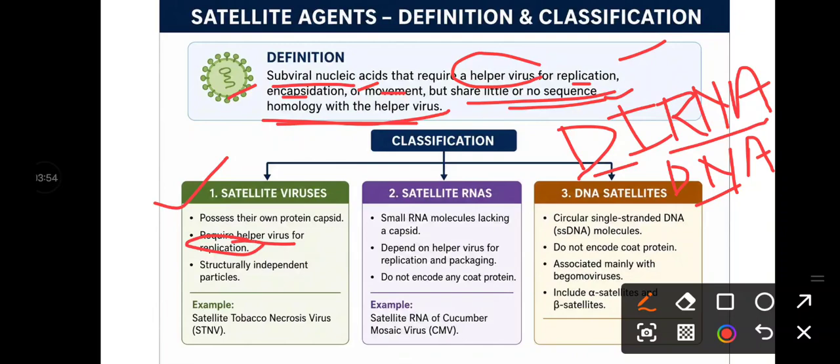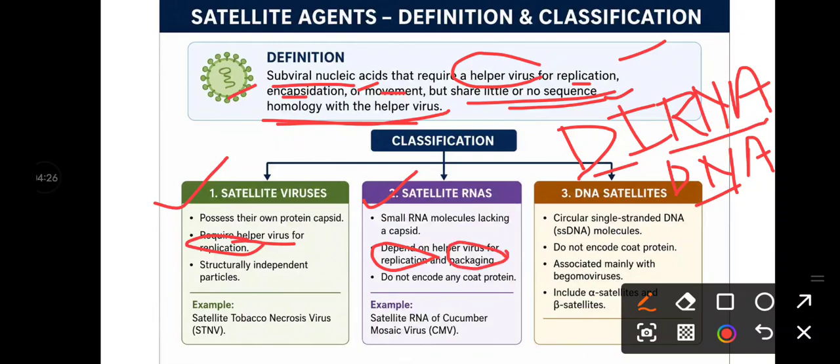But in case of satellite RNAs, they are very small RNA molecules which lack capsid formation, meaning they lack protein coding capacity, so they can't synthesize their own protein and fail to do the encapsulation. They depend on the helper virus both for replication as well as encapsulation or packaging.